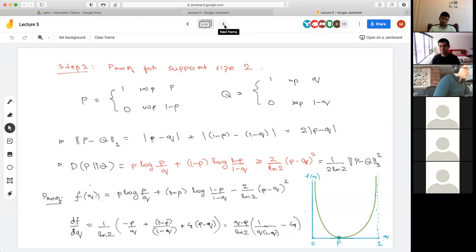Everybody okay with that? Any disagreements? Assuming this computation is correct, I think so.